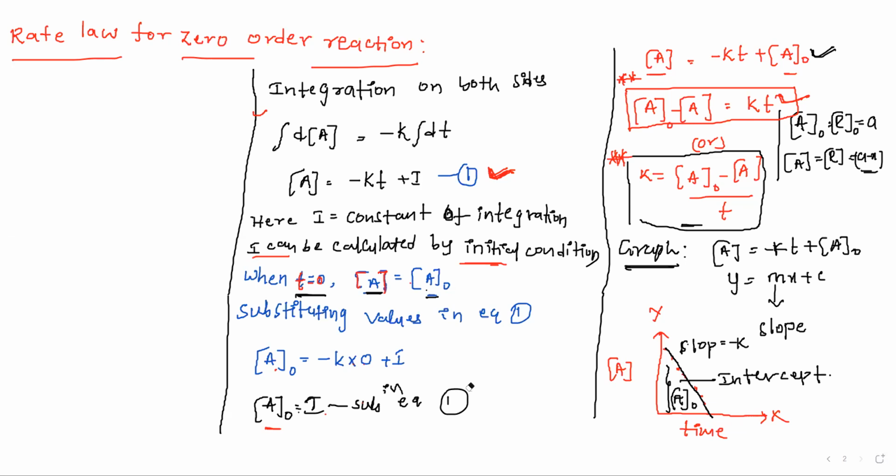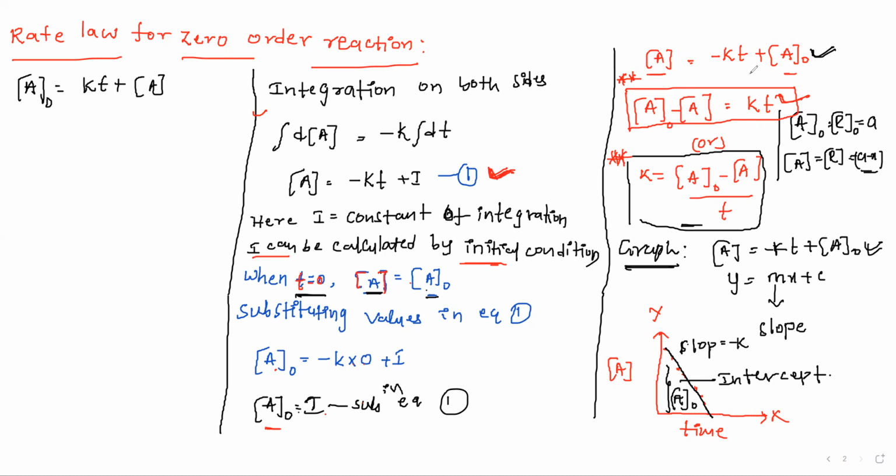Next two graphs. Is it clear about this graph? And one more graph, I am drawing for A naught: A naught is equal to KT plus A. A is equal to minus KT plus A, so obviously A naught is equal to A plus KT, since the minus KT becomes plus KT.